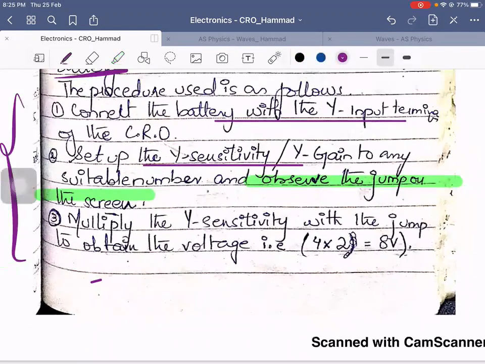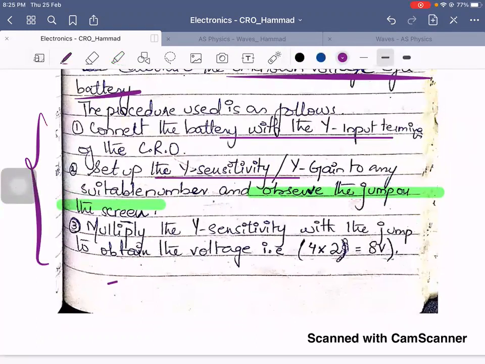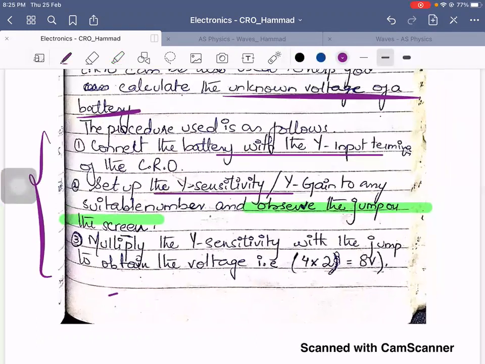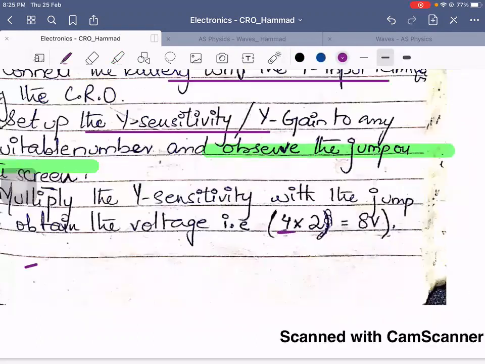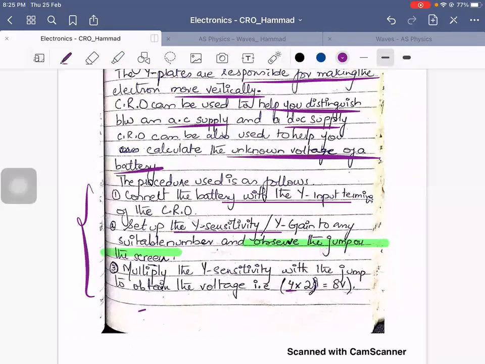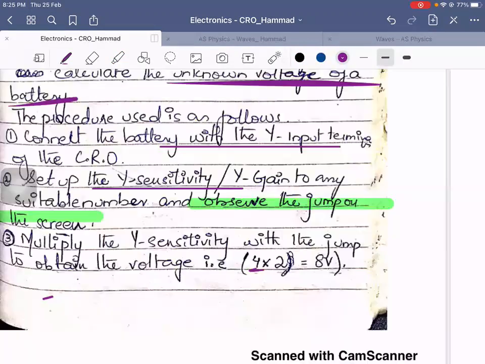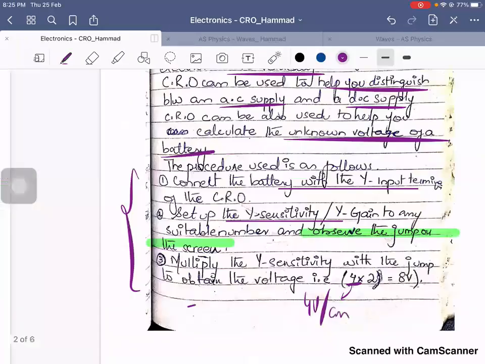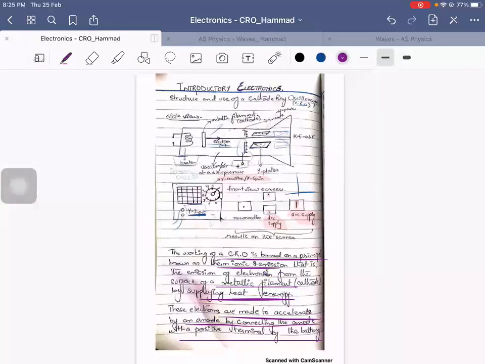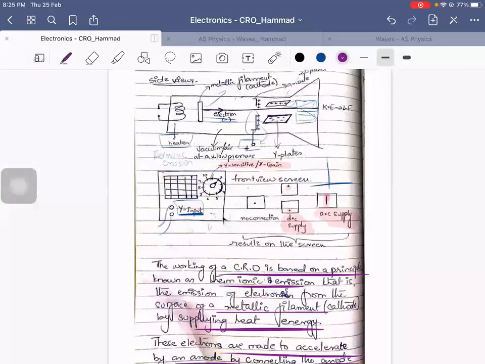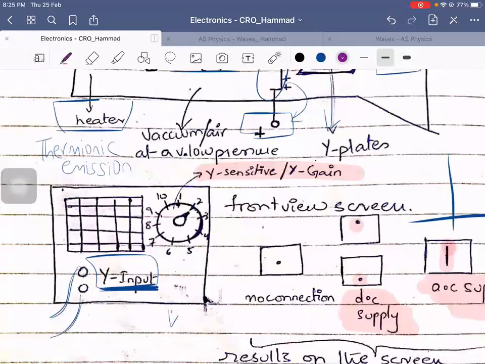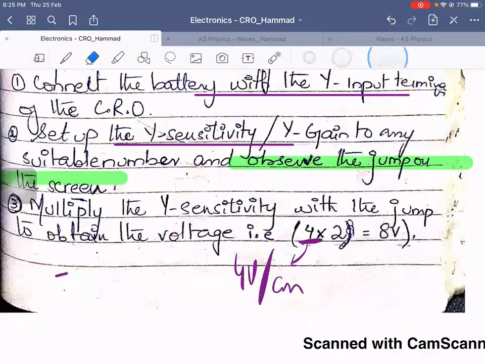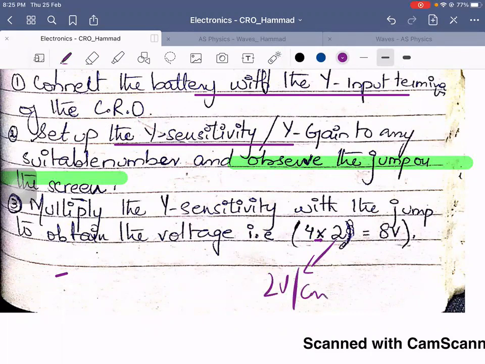Let's say your Y sensitivity was at 4 volts per centimeter. Or you could say in that case, it's 2 volts per centimeter, let's say. It's on 2 volts per centimeter, right?